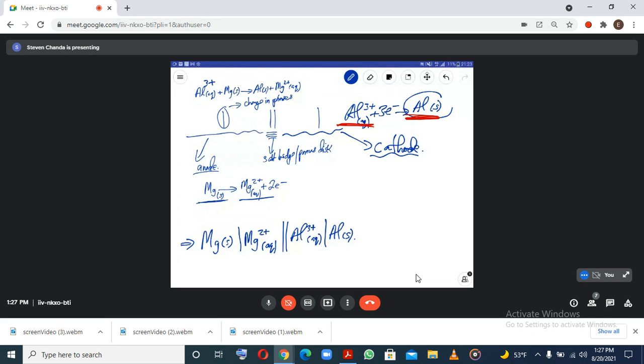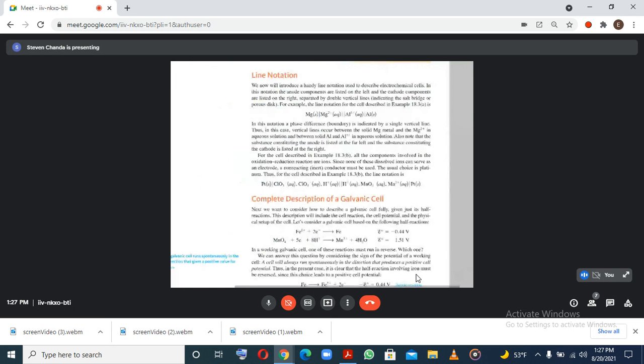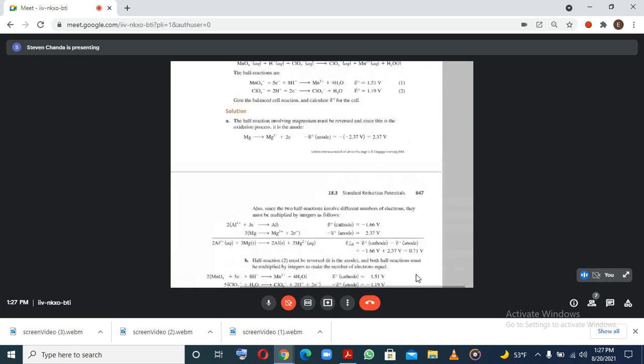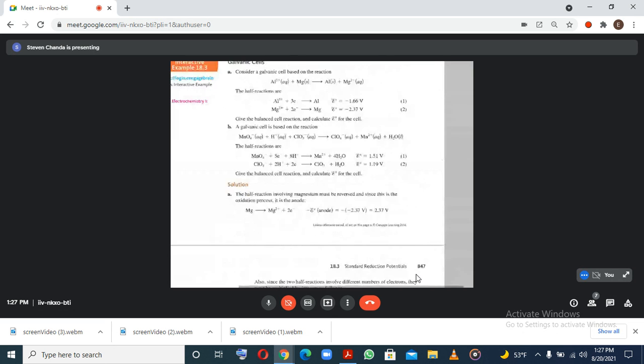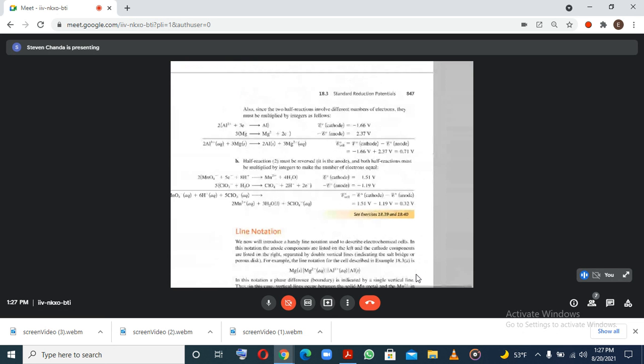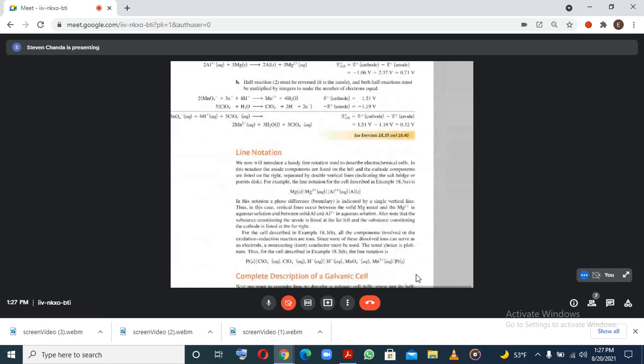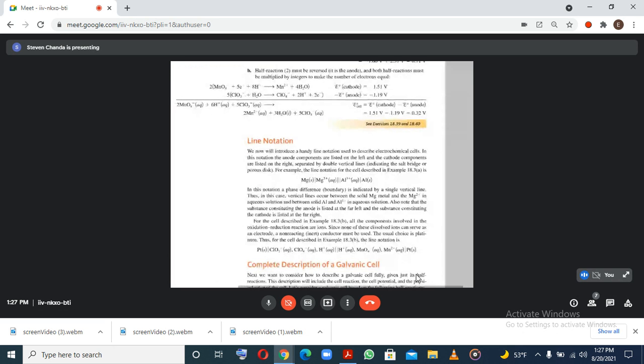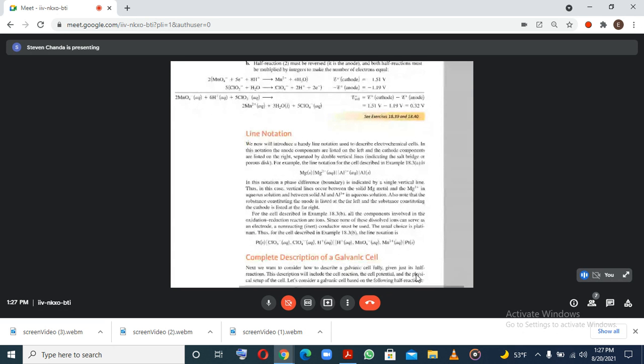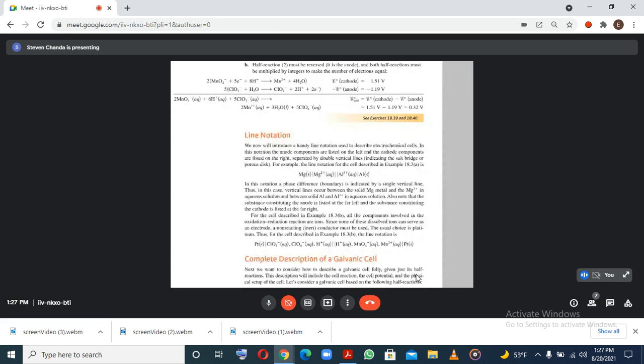So let's look at the example that we have in example 18.3b. So this was the example which was there. So just look at that example there on top before the line notation part. So they have reactions there. It has already been reduced, so you can see what's happening there.